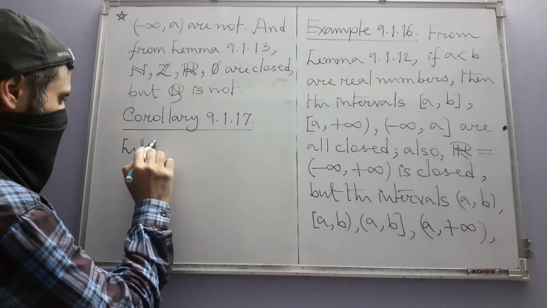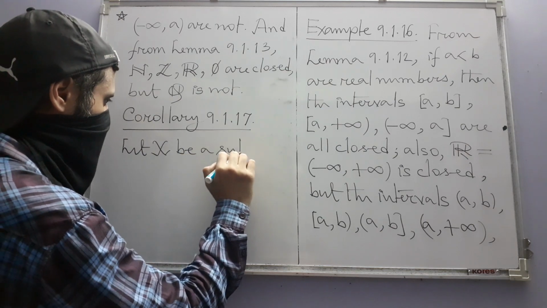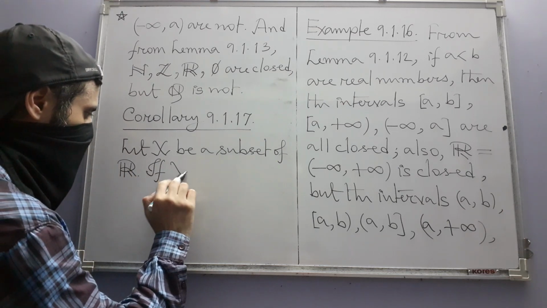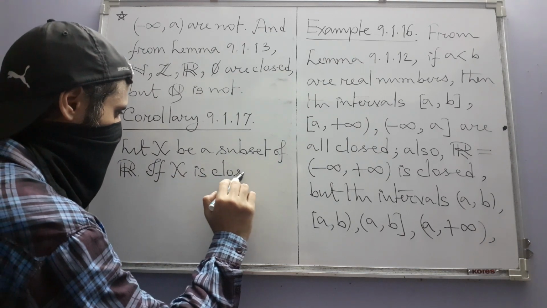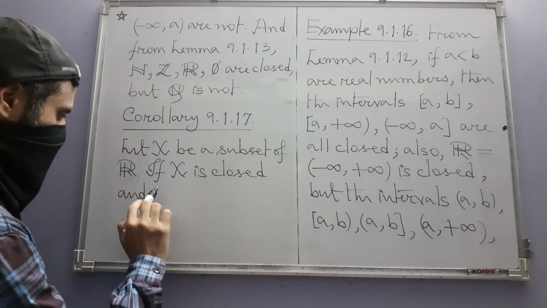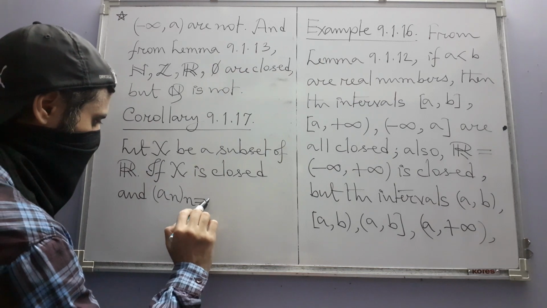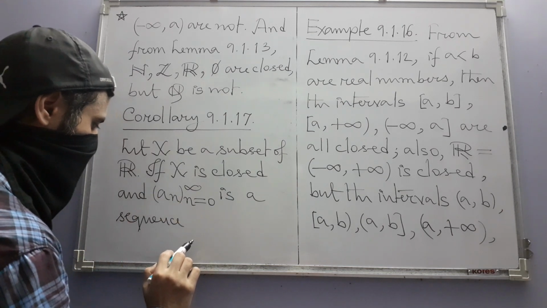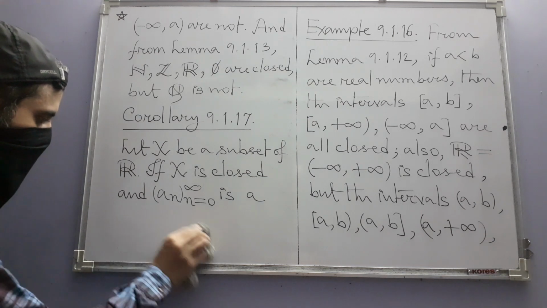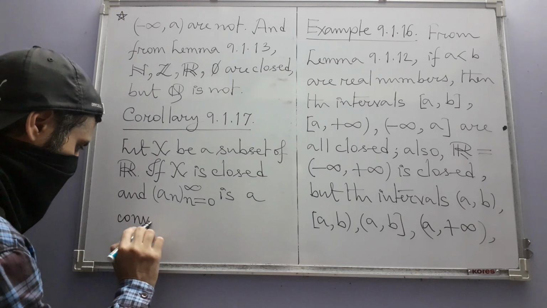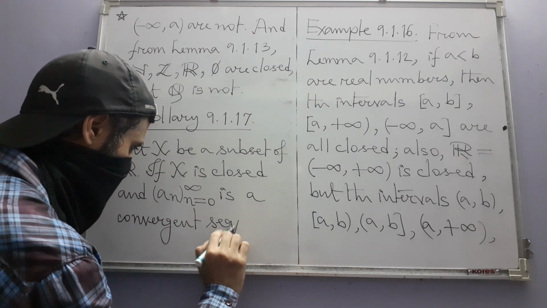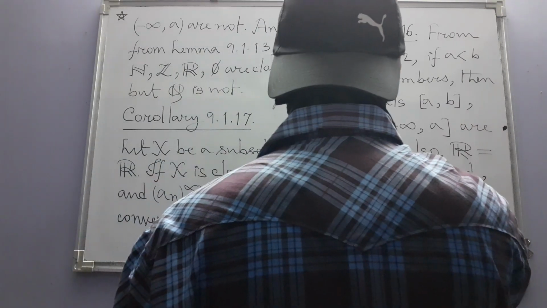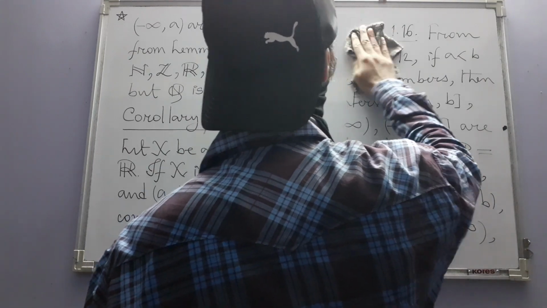Let X be a subset of R. If X is closed and a_n is a sequence, well, it's a convergent sequence, I have to mention that, whose elements are coming from X, then the limit of the sequence must also be in X, and conversely.